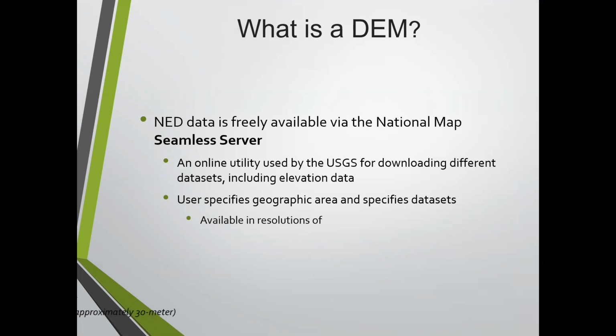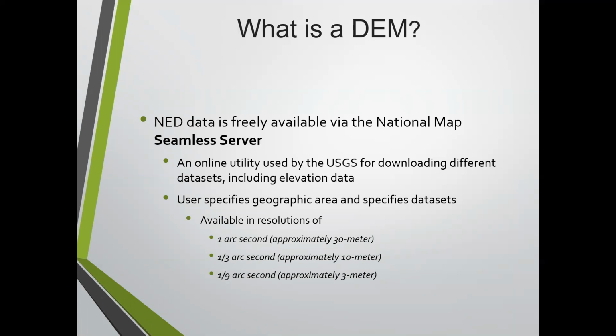So it's available in different resolutions. You have a 1 arcsecond, so that's approximately a 30-meter resolution. And they have a 1/3 arcsecond, which is approximately 10-meter resolution. So that's actually pretty decent data. And a 1/9, which is 3 meter. So like I said, and then the state of Ohio has like 2 meter res. So that's all good stuff.